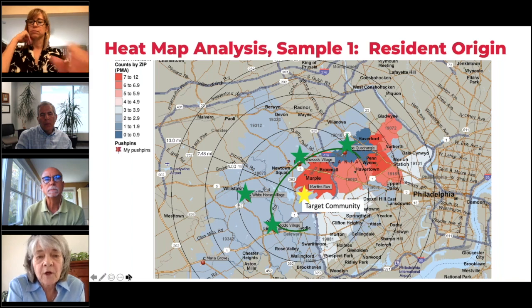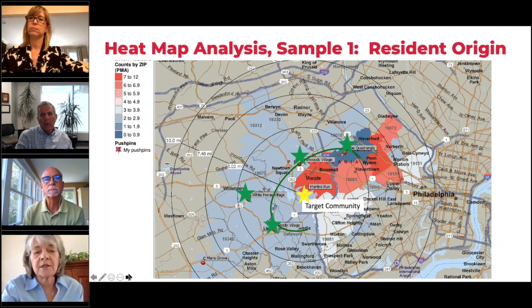But when you look at where the competitors are located, you can begin to see the influence on the marketplace of this. So really looking at those data and being able to lay out what's going on in terms of density of market, as well as the competitive environment, are really invaluable to leading us in the right direction for both planning and development, but also for sales and marketing.